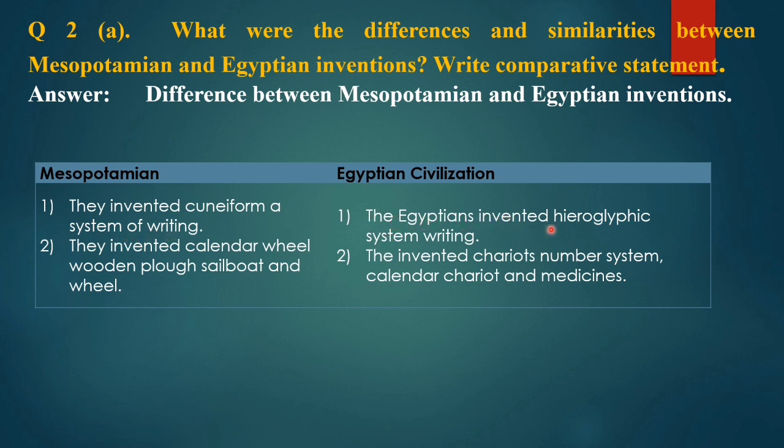The Egyptians invented hieroglyphic system of writing. They invented calendar, wheel, wooden plough, sailboat and wheel. They invented chariots, number system, calendar, chariot and medicine.